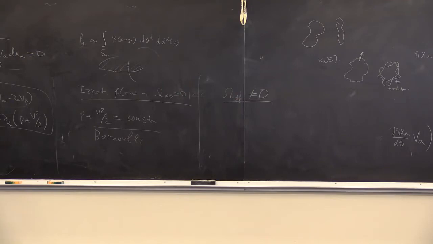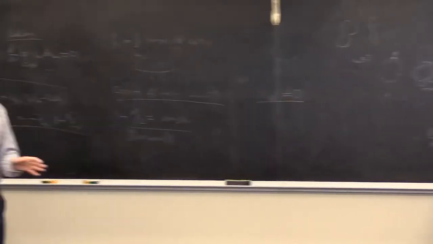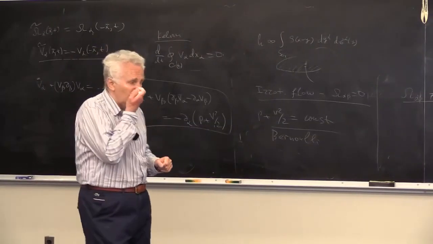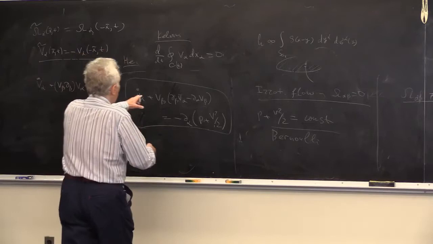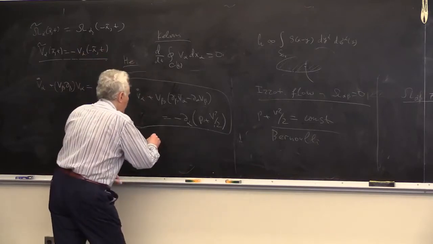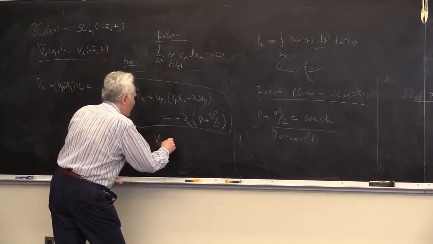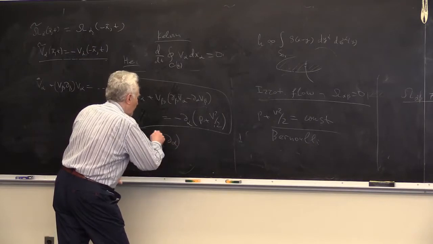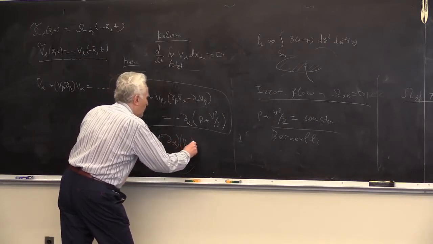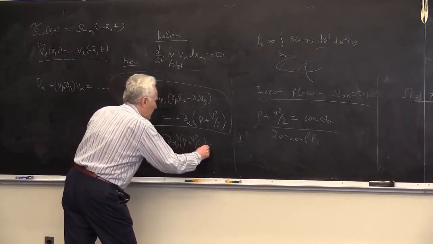Because when you multiply it by v alpha, you have a symmetric tensor multiplied by the anti-symmetric tensor, and that's 0. Okay? So we multiply it by v alpha, and we get the relation d alpha of p plus v squared divided by 2 is equal to 0.